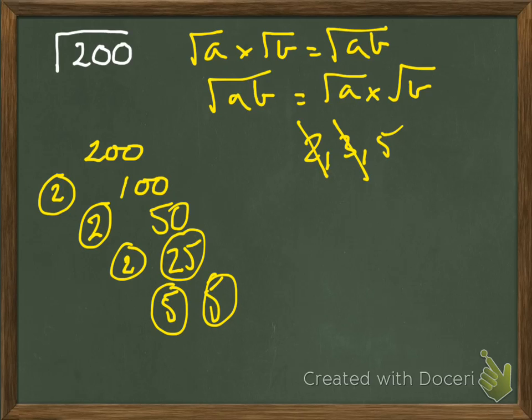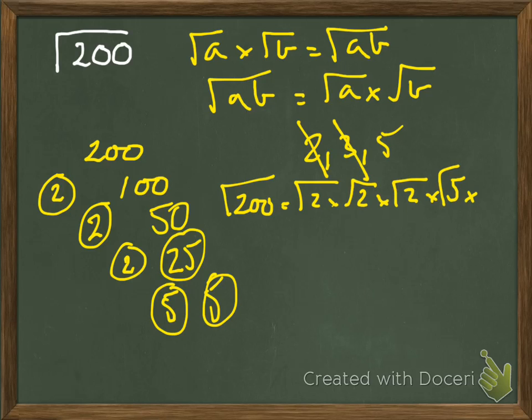So that means then that root 200 would equal root 2 times root 2 times root 2 times root 5 times root 5. And then I'm going to use this rule here, this rule at the top, and do some combination.